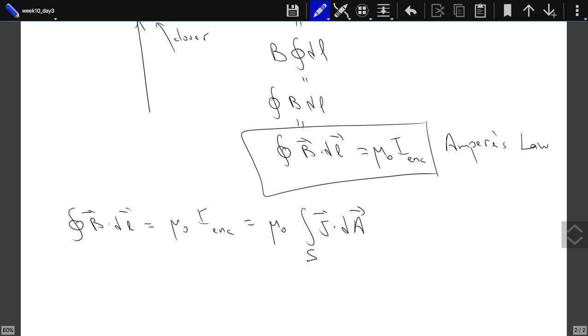So this S, the surface that I'm integrating over, should have the bounding loop, and I'm integrating B around that bounding loop.